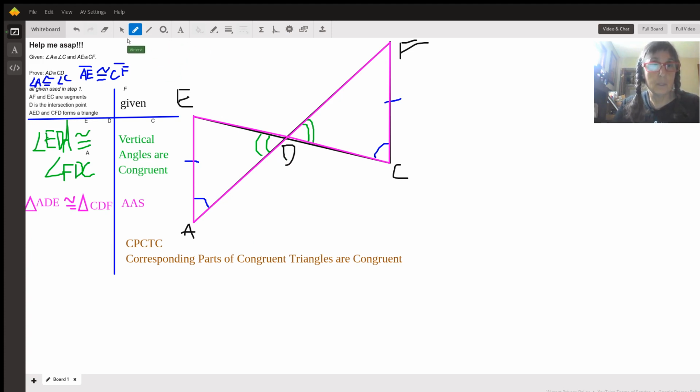So we are going to, right here, say that AD, and it needs a hat, it would be good to have a straight hat, so AD is congruent to CD, because these are corresponding parts of two congruent triangles.